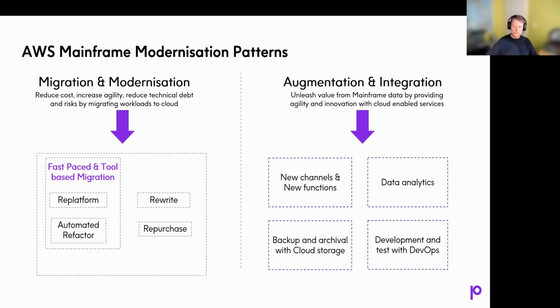So all of these reasons can be the driver to move the data from mainframe to a cloud environment. And even when I'm moving applications with these first two patterns, an application doesn't stand alone. It operates on data. So also in the application migration patterns, I will have to migrate my data.